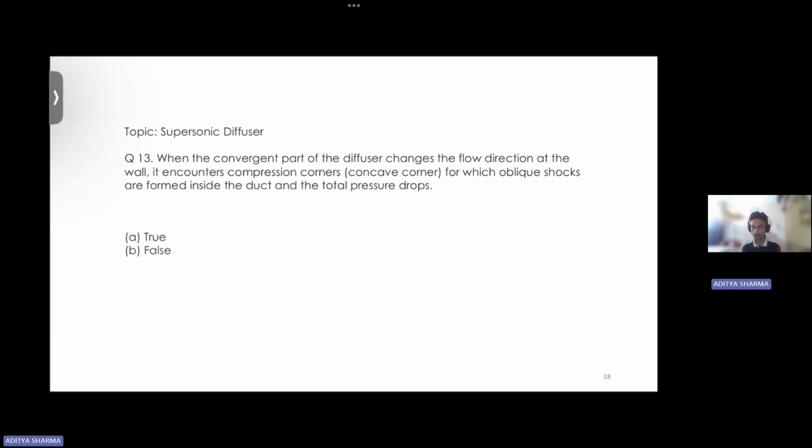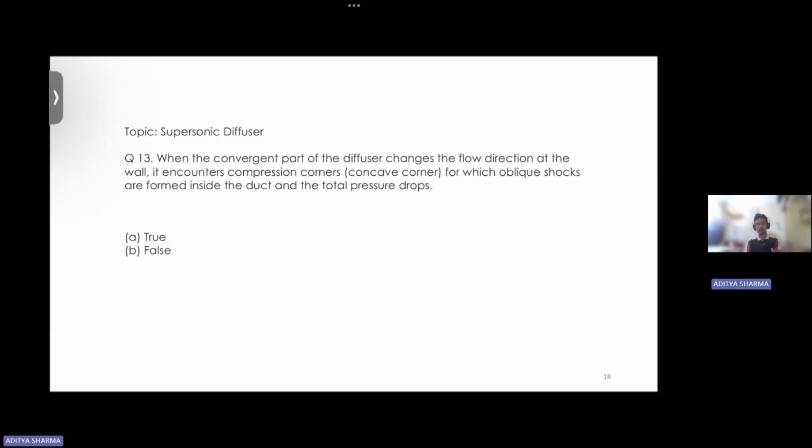So the question says that when the convergent part of the diffuser changes the flow direction at the wall, it encounters compression corners, concave corners, for which oblique shock waves are formed inside the duct, right? And the total pressure drops. Across an oblique shock or normal shock, there are pressure losses, right? We know that.